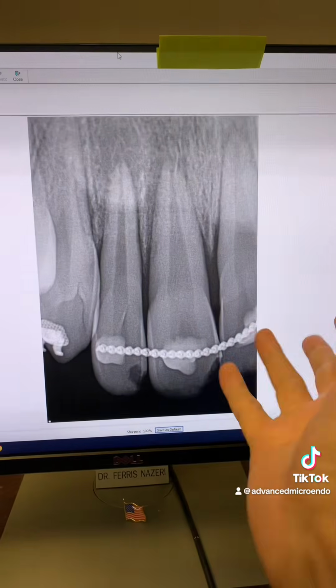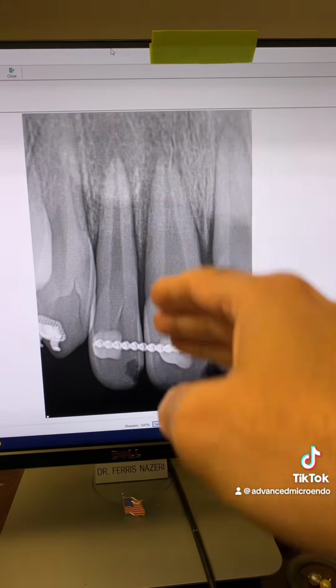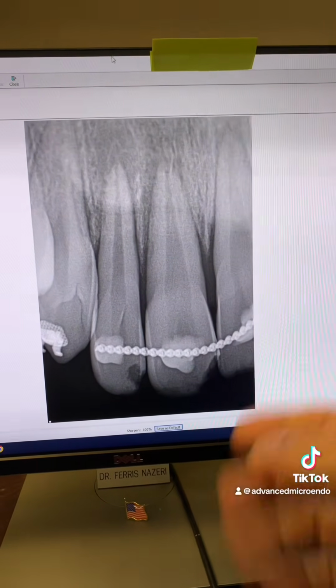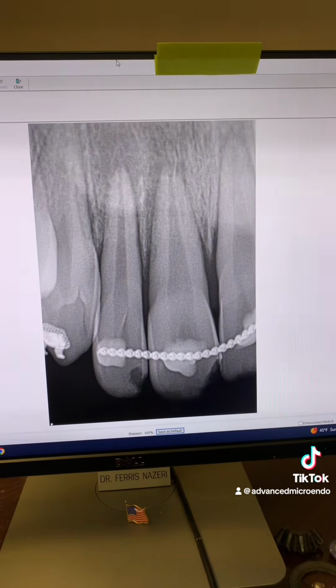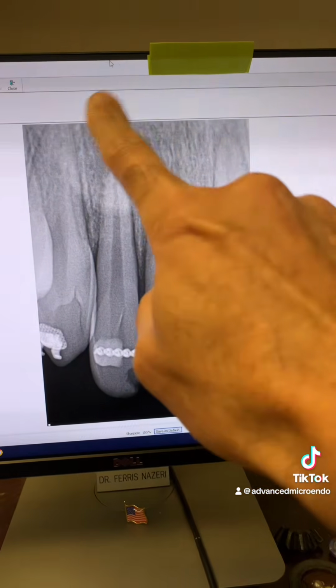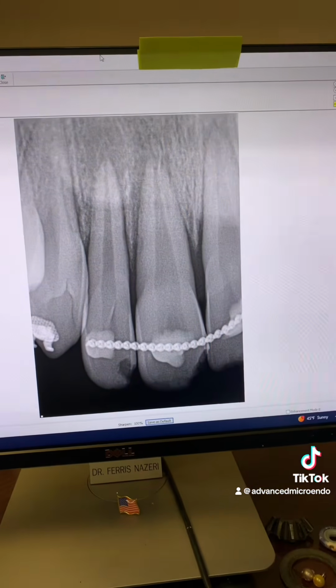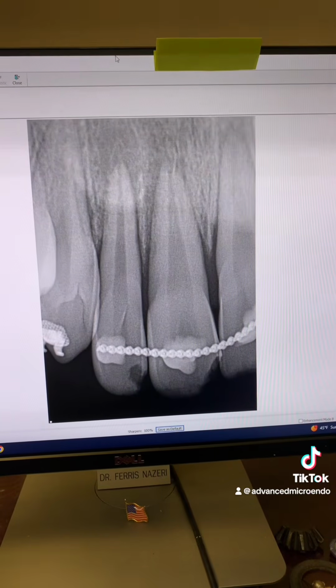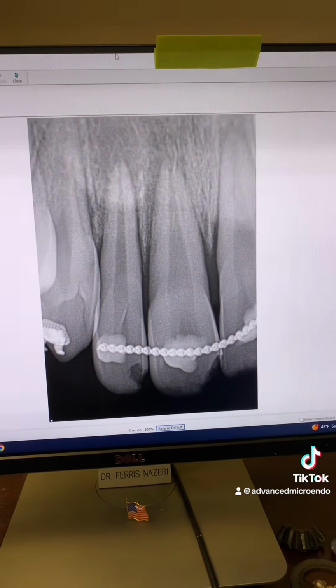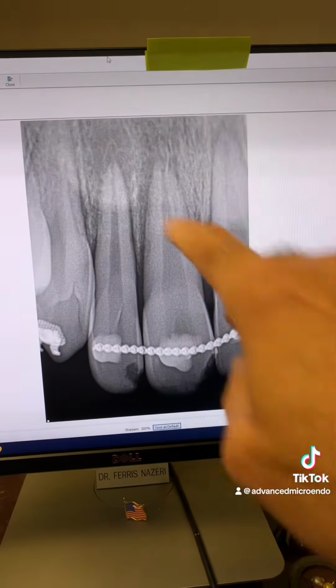Of course, these are necrotic teeth, and it makes sense that a month post trauma, you would be seeing things like that happening to the teeth and to the periapical area. Again, remember, these were partially avulsed.